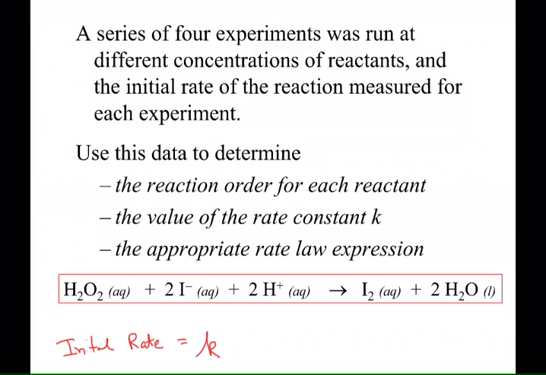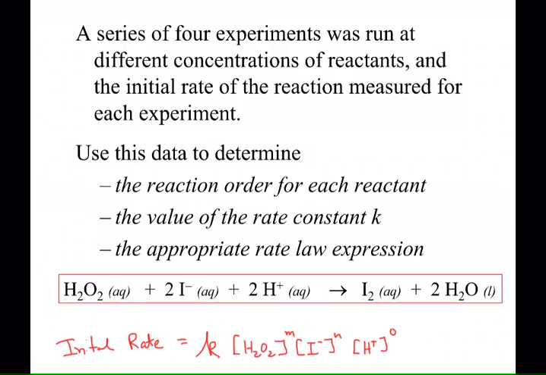So we're going to have to put the molar concentration of H2O2 raised to M, its reaction order, times the molar concentration of I minus raised to N. We don't know what that is. And guess what? The molar concentration of the hydrogen ion raised to the letter O.